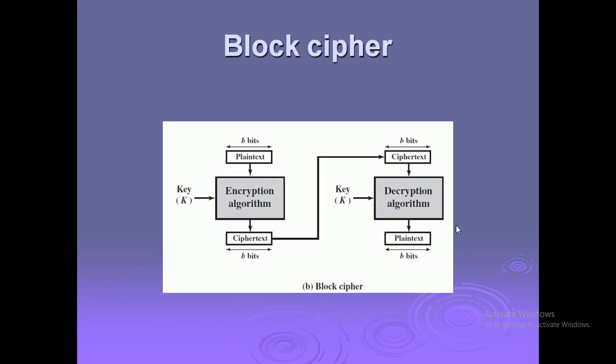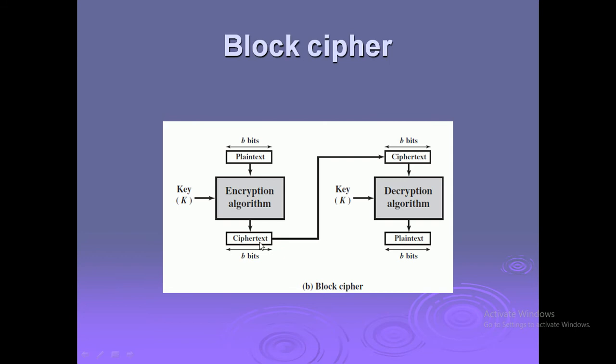This is the diagram of block cipher, where the plain text is of length b bits, and this is the encryption algorithm, and the key is the input to the encryption algorithm.